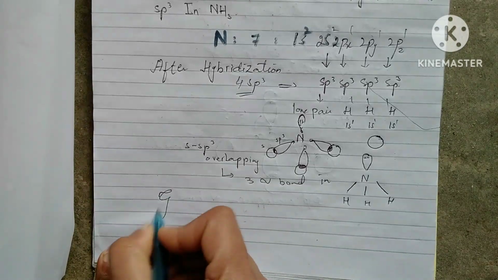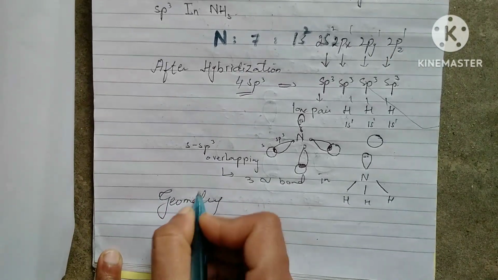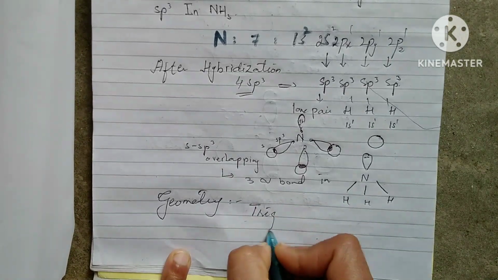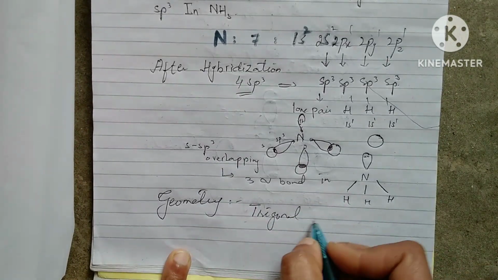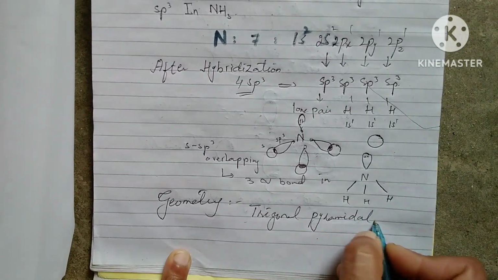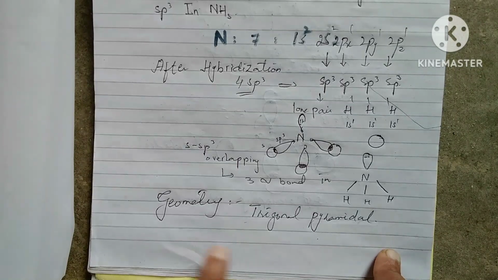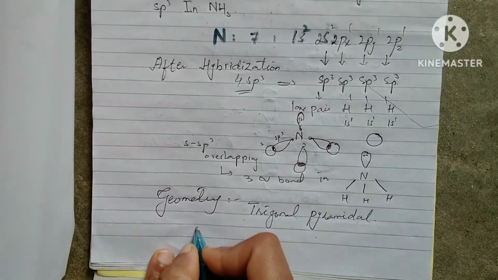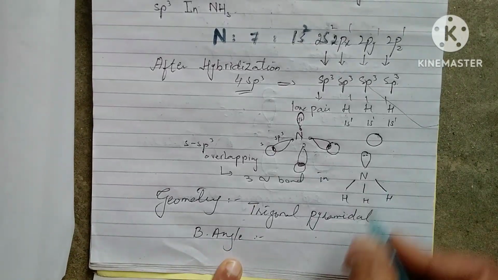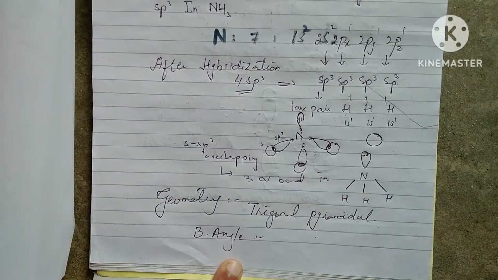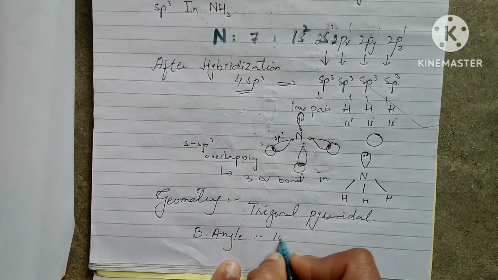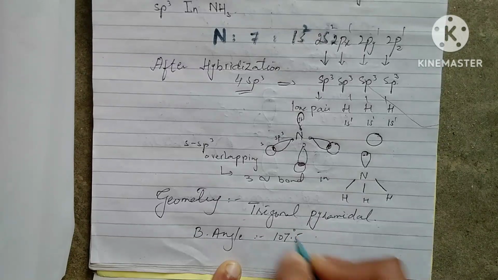Now geometry. What is the geometry of ammonia? The geometry of ammonia is trigonal pyramidal. A special type of naming is given to it. Trigonal pyramidal is the geometry of ammonia, and the bond angle is, due to 1 lone pair, less than that of methane, that is, 107.5 degrees.